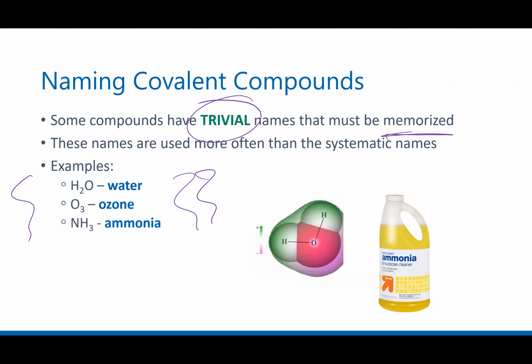The first one you all should know. If you don't know water, well, I don't want to be rude, but make sure you know water. Ammonia is another one you might have heard of before. Ammonia is a chemical used in cleaning agents. You can see over here on the right, specifically floor cleaner or glass cleaner.